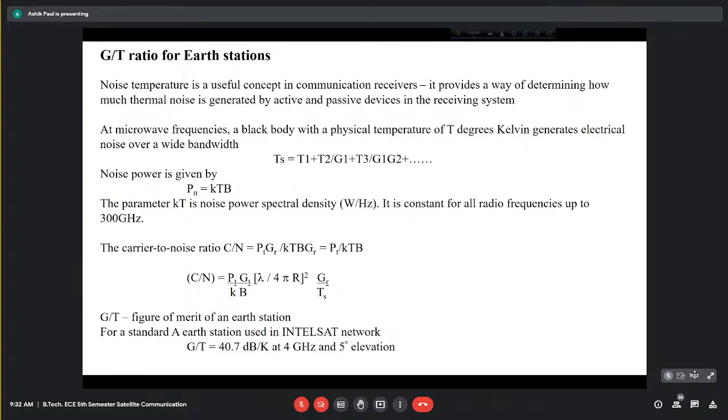That means the higher the elevation angle of any particular satellite link or radio link, the less will be the amount of noise coupled onto that signal.